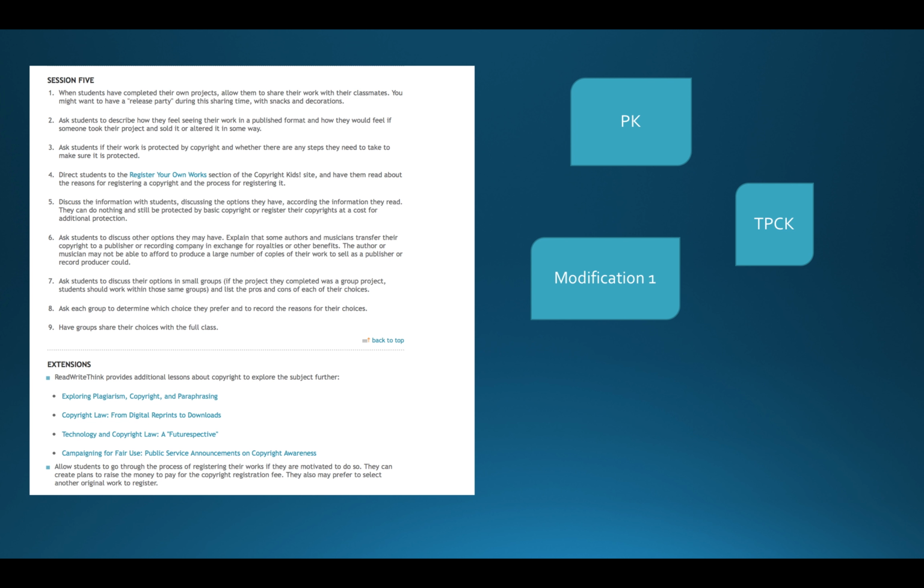It'd be a lot more engaging, and I think that these PowerPoint, mind maps, posters offer a lot more for creativity as well. So that's the first modification.